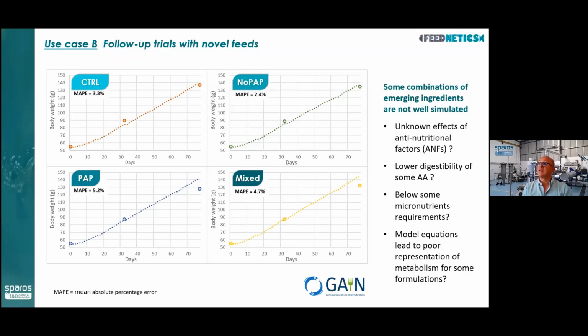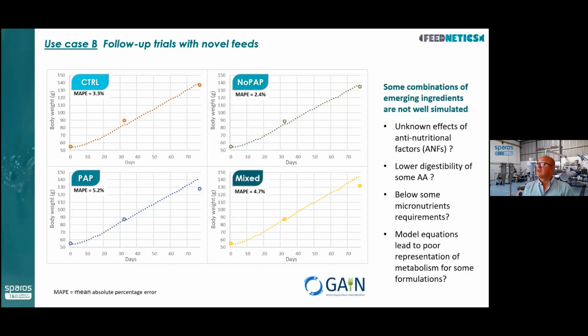We had a very good fit with the observed values. For the other two diets, the PAP and the mixed diet, there were some significant deviations, especially at the last sampling point. In terms of overall performance, the four diets performed about the same. There were no significant differences in weight in the zootechnical trial, and the FCR was slightly worse in the PAP diet.